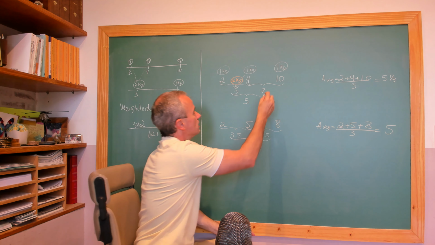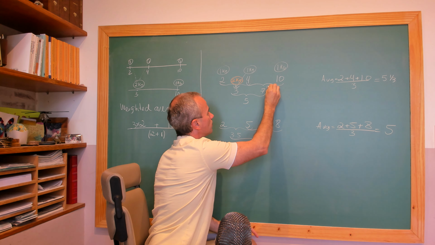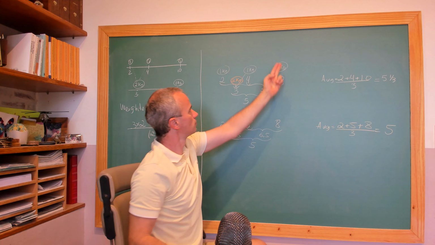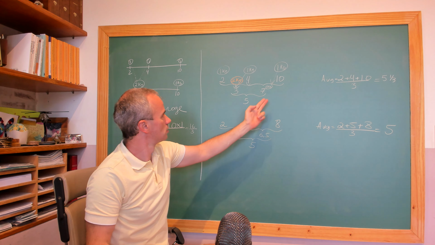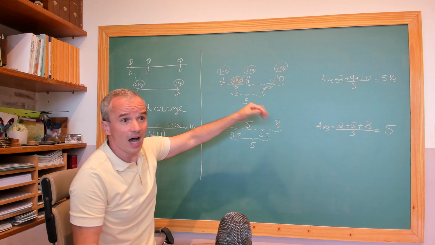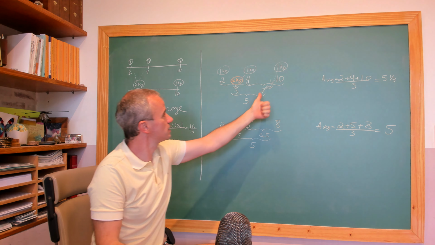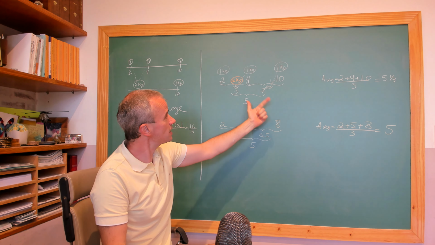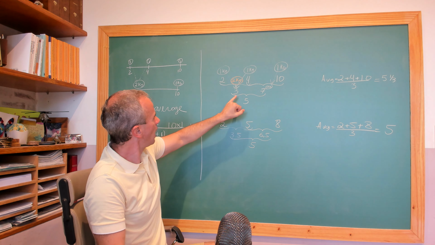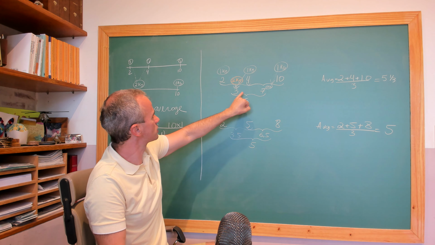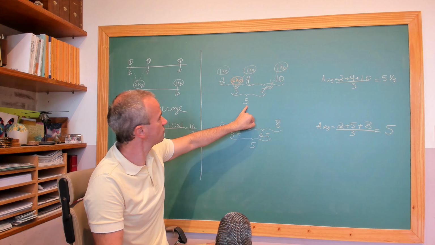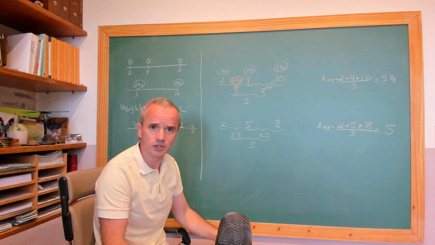Second mistake, this is 1 kilogram. It is this one. There is nothing else. Second mistake, this is 1 kilogram, not 2 kilograms. And the third mistake is this. How can we do a simple average, like 3 plus 7, divide by 2 to get 5, if it's not a simple average?